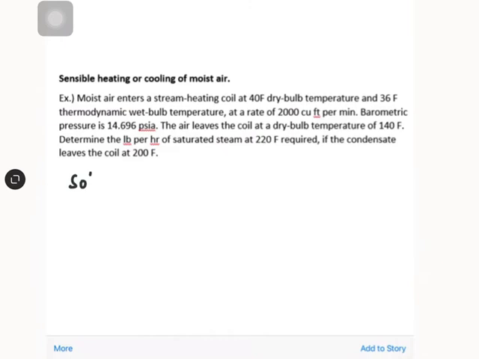Okay, so the solution. By looking at the psychrometric chart in English units, you can get this W1, or humidity ratio.